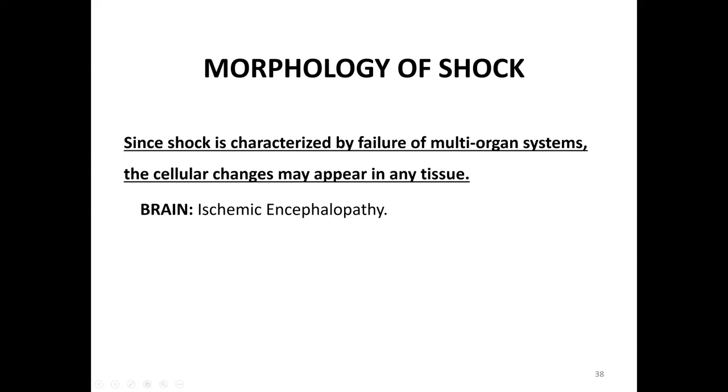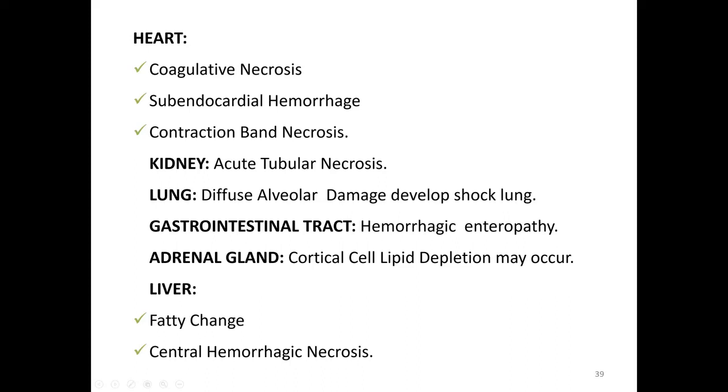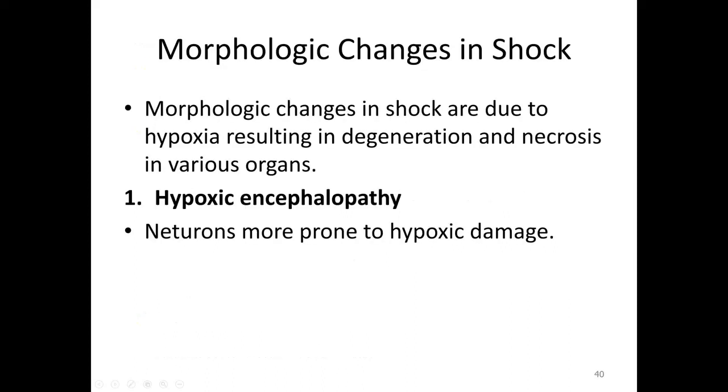In brain, there is ischemic encephalopathy, heart coagulative necrosis, subendocardial hemorrhage, contraction band necrosis, kidney, acute tubular necrosis, lungs, diffuse alveolar damage develops, which is called shock lung, gastrointestinal tract, hemorrhagic enteropathy, adrenal glands, cortical cell lipid depletion may occur, liver fatty change, central hemorrhagic necrosis.